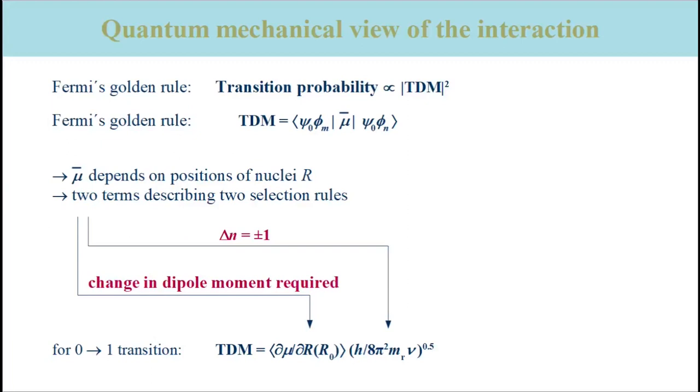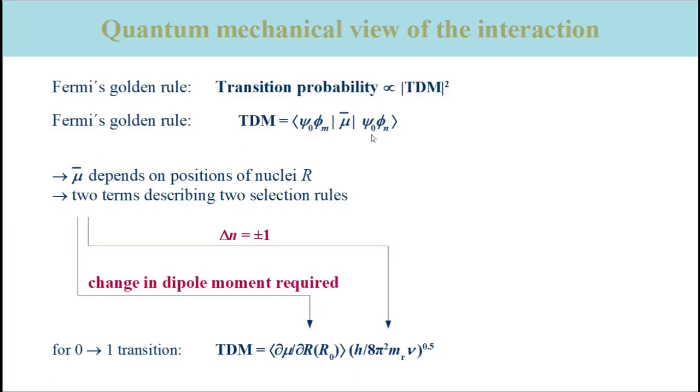We continue by evaluating the expression for the transition dipole moment. We started with Fermi's golden rule and used the Born-Oppenheimer approximation to write the state vectors as products of an electronic state vector and a nuclear state vector, as shown here.